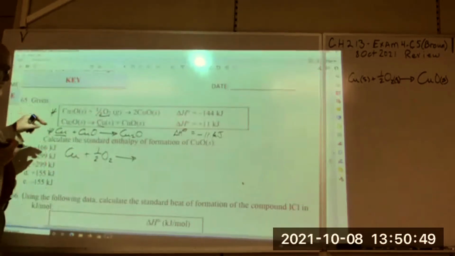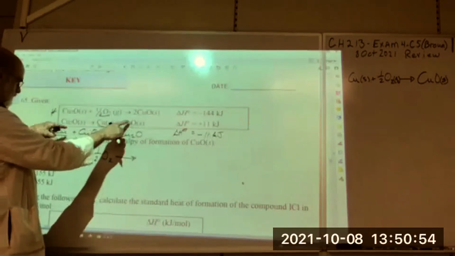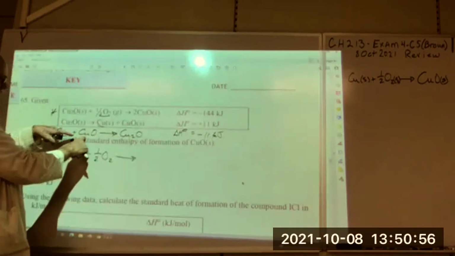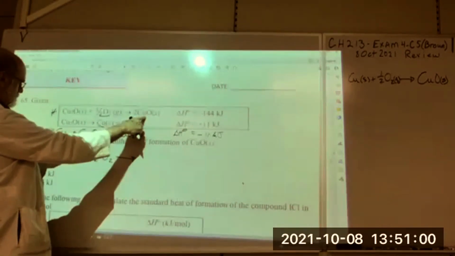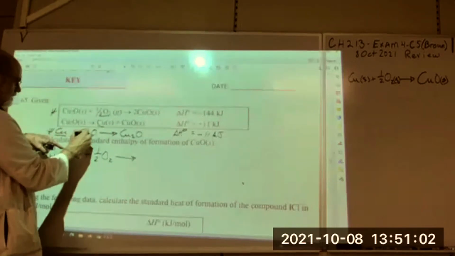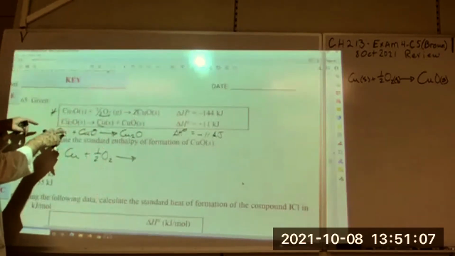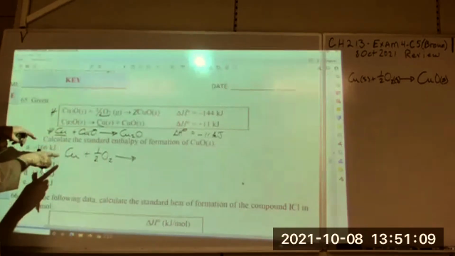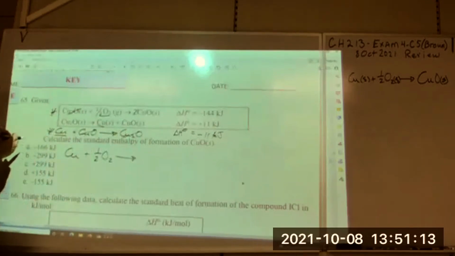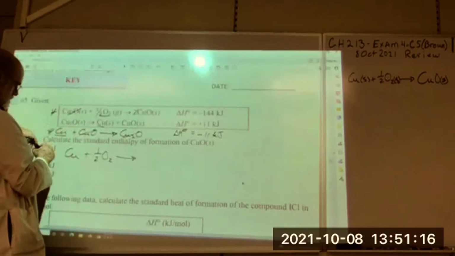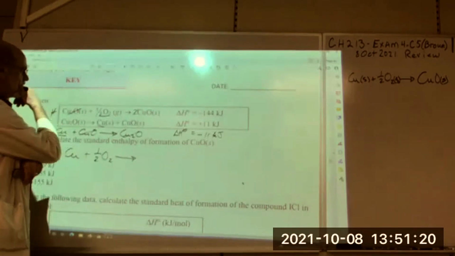Now, what about the others? There's copper oxide. Oops, excuse me. There's copper oxide, and there's 2 of them here. Right, so this cancels 1. But this one, where are we? This one cancels. Hold on a second.